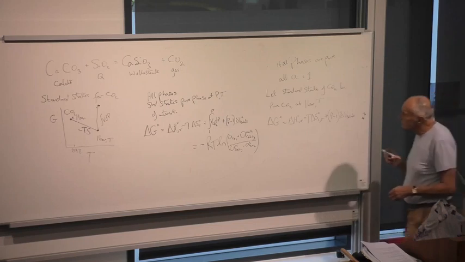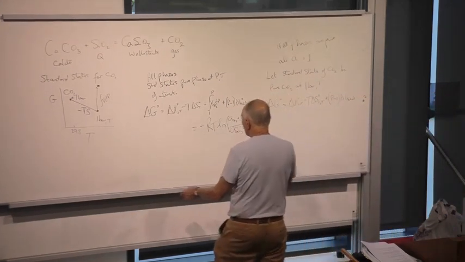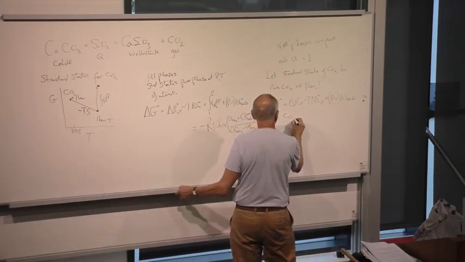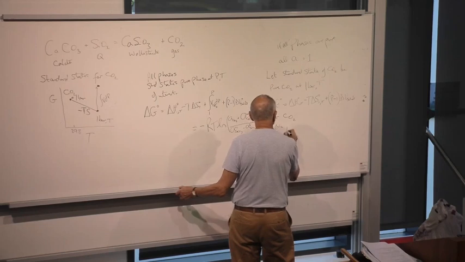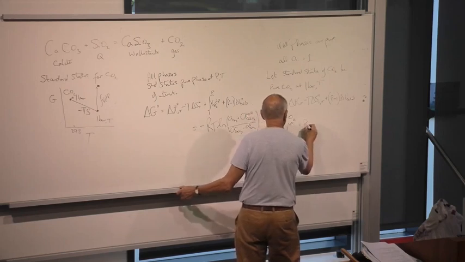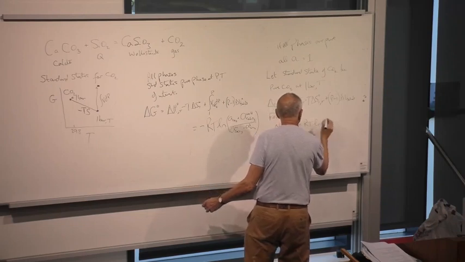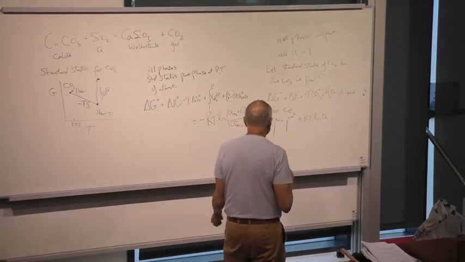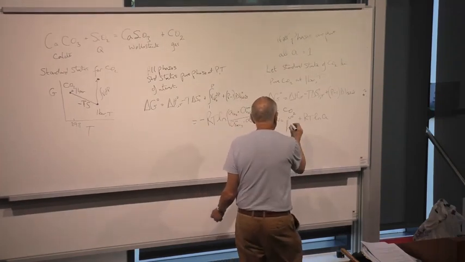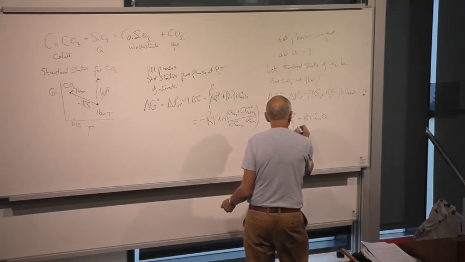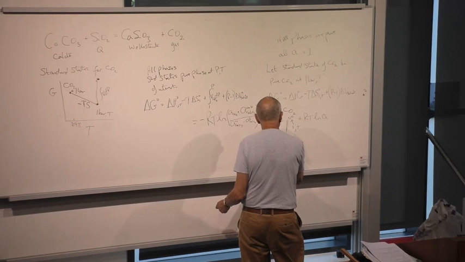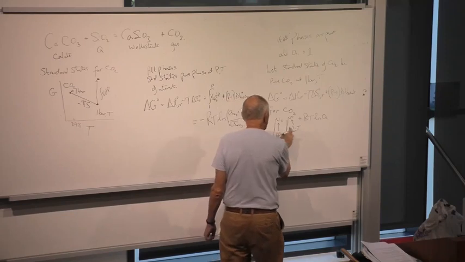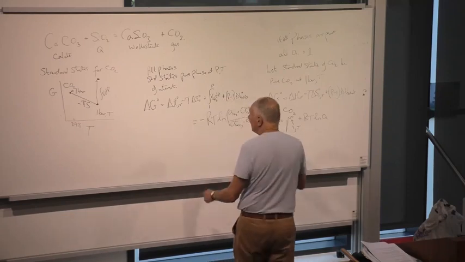So for CO2, mu equals mu 0 plus RT ln A, and this refers to 1 bar and T, and this is at P bars and T. And so obviously these are no longer the same, but the difference between them is that integral.